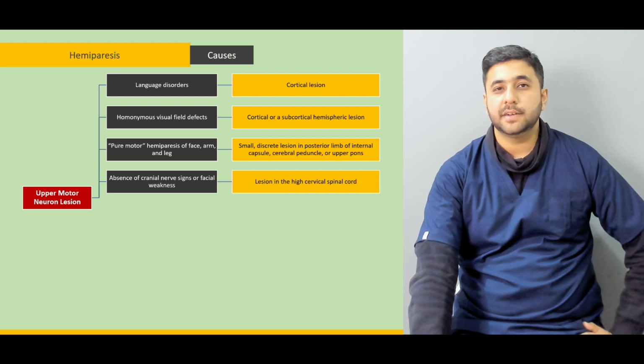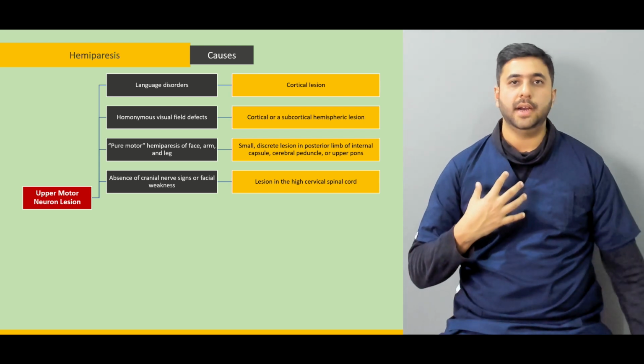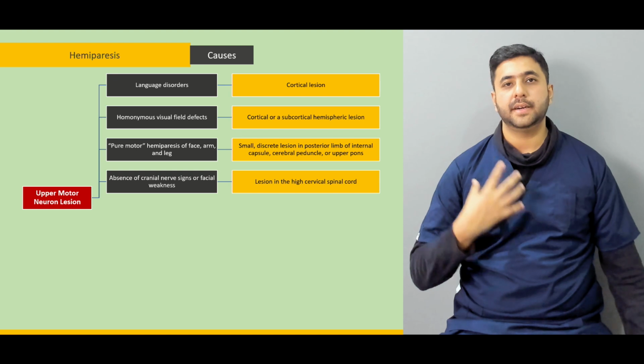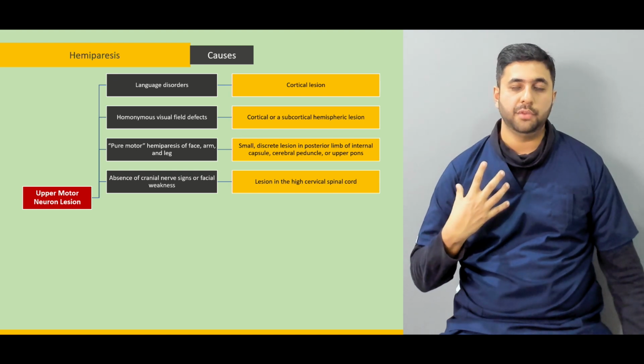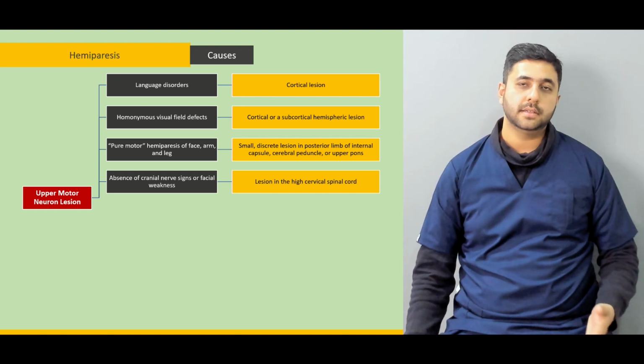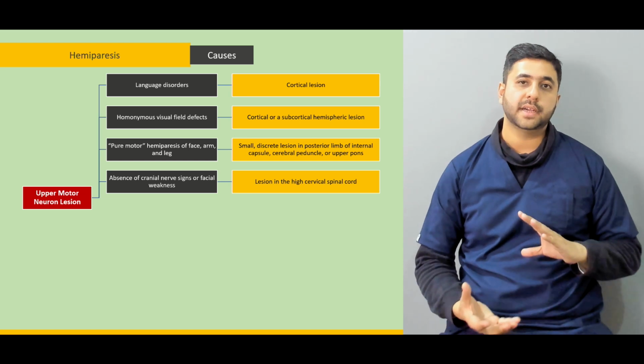Whenever we have a cranial nerve sign or lesion, then that usually gives us a crossed presentation, with the contralateral side of the body being affected because of the corticospinal tract involvement, and then ipsilateral sides are affected with the help of the cranial nuclei.